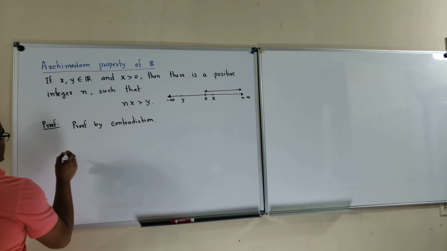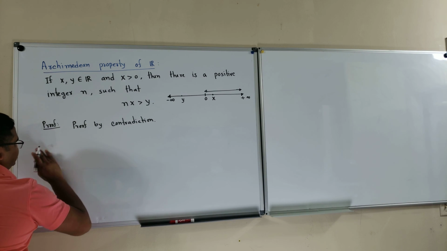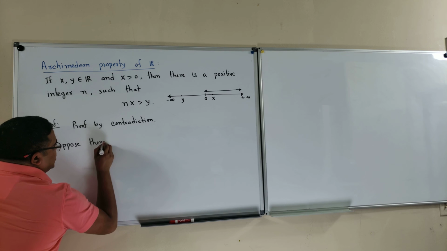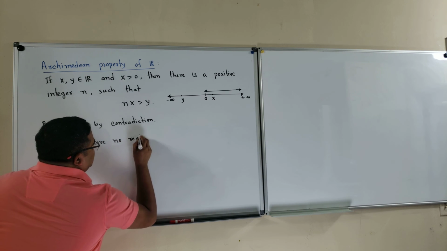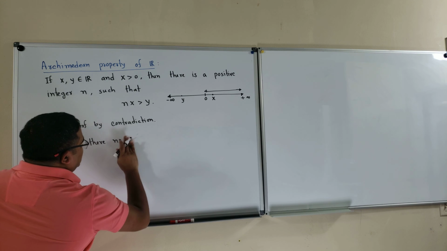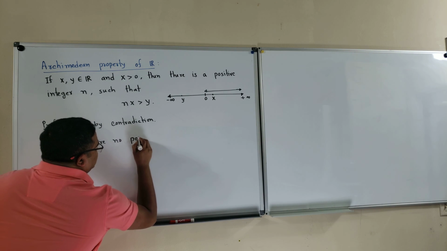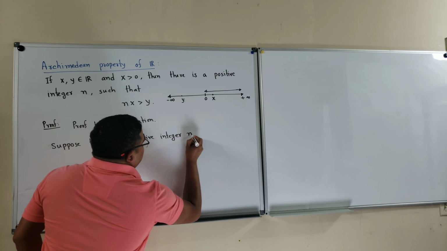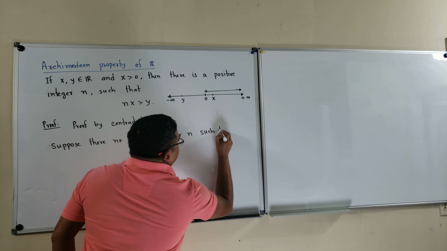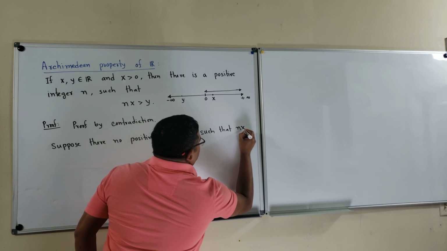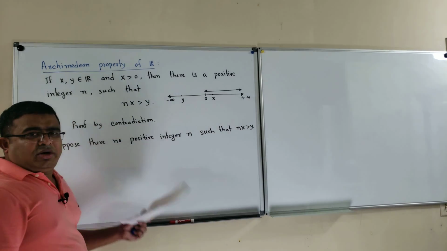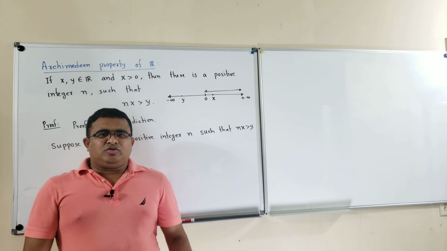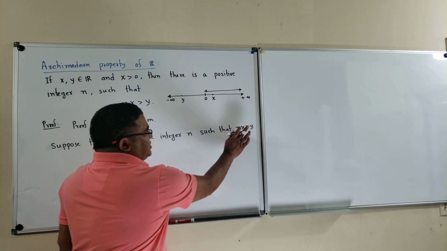That means, suppose there is no positive integer n such that nx is more than y. We are assuming that there is no positive integer n such that this one is true.